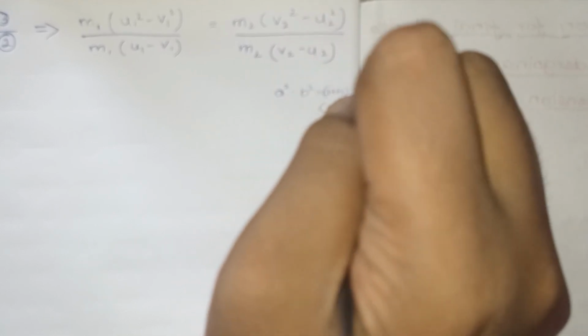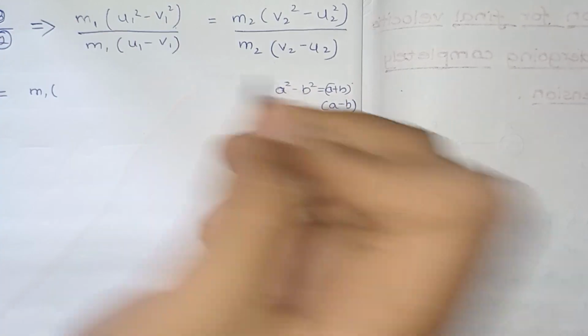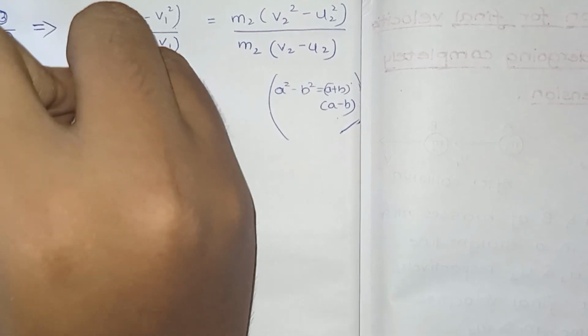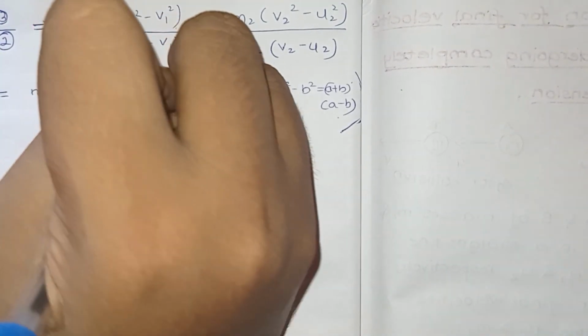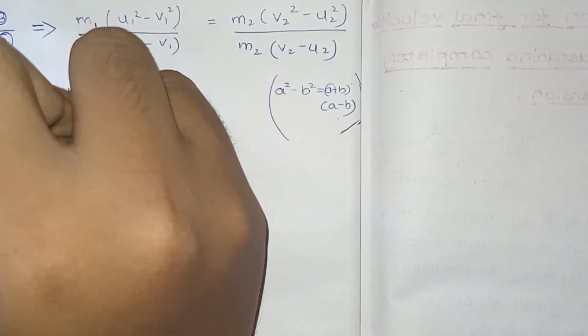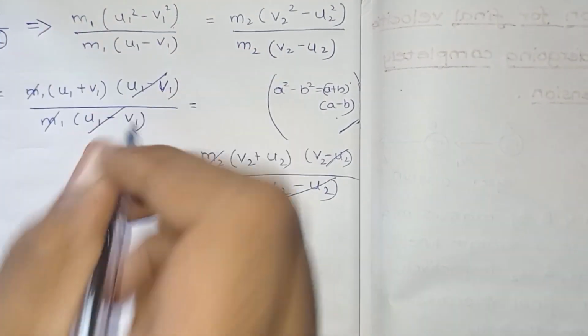We know the formula a square minus b square is a plus b into a minus b. So we can expand u1 square minus v1 square as u1 plus v1 into u1 minus v1, and v2 square minus u2 square as v2 plus u2 into v2 minus u2.